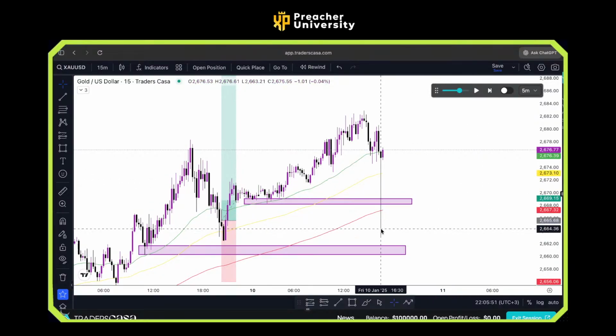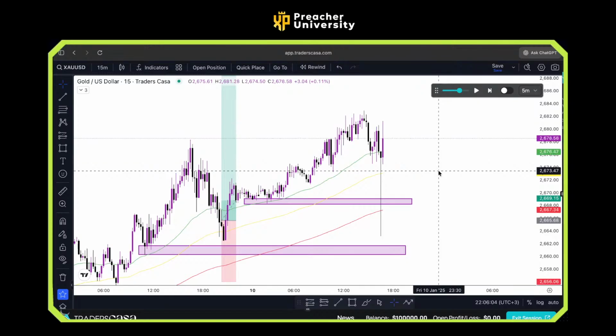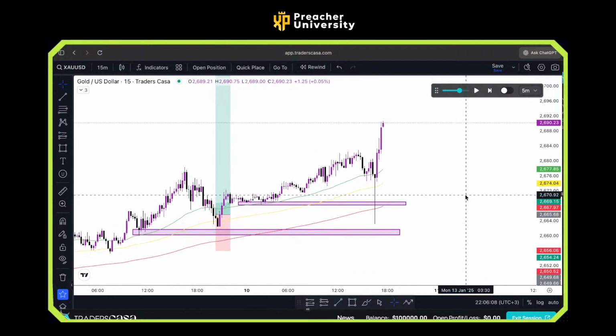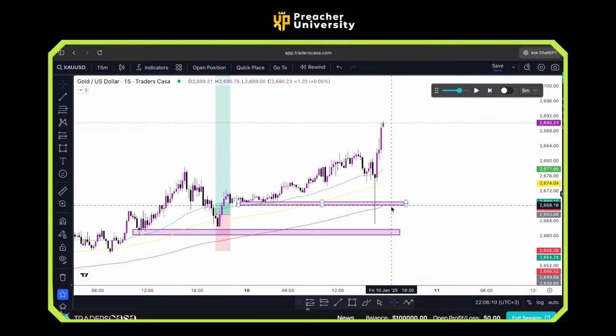This was news that happened. So you see, this is news that happened, and the market closed into our zone, but that was very fast, meaning we wouldn't have taken this trade.